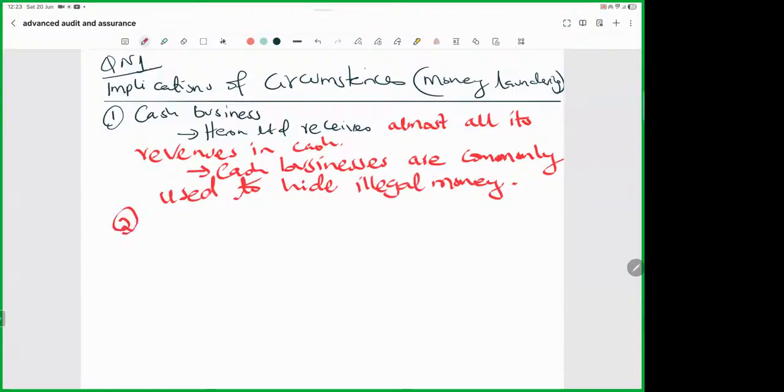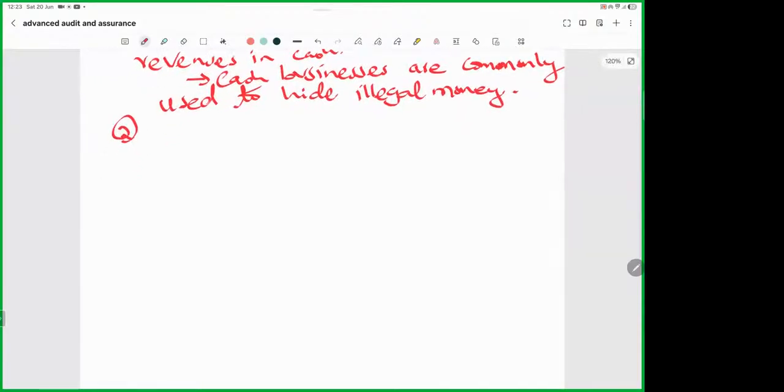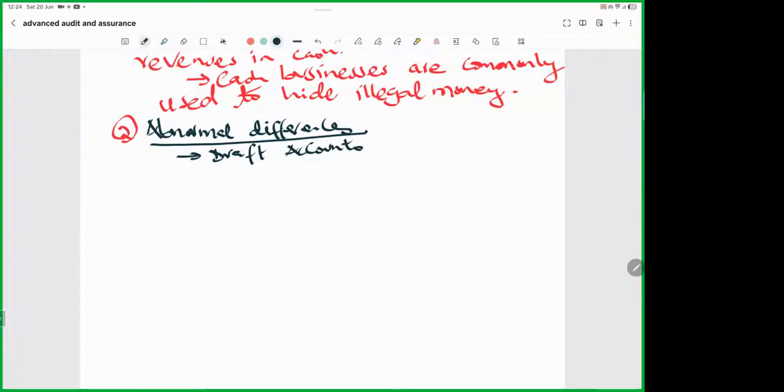The other thing that makes me suspect money laundering, we have what we call abnormal differences. Very abnormal. So in this case here, these abnormal differences, ladies and gentlemen: draft accounts show revenue of pounds 5.5 million.